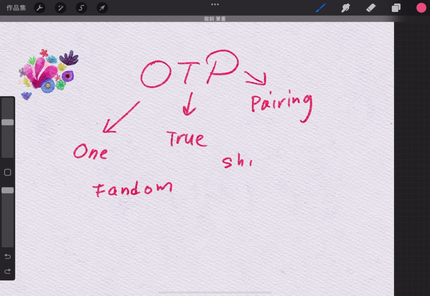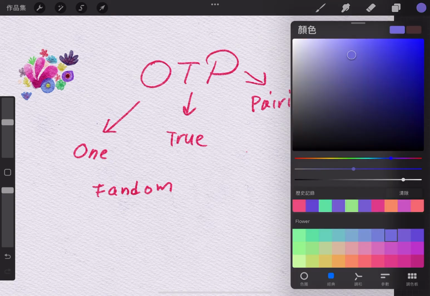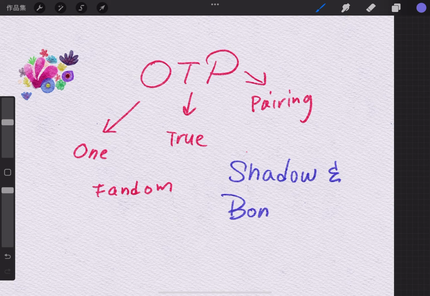So, who is your one true pairing? For me, if any of you have watched Shadow and Bone, the series on Netflix, Alina and the Darkling is my OTP, okay?